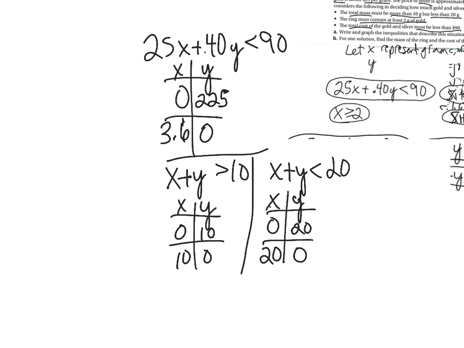Okay, and then that other one that is like x equals 2, that's just going to be a vertical line. Think of x equals 2. X is always going to be 2, and y is going to be whatever. Okay, if that helps you to see that that's going to be a vertical line.